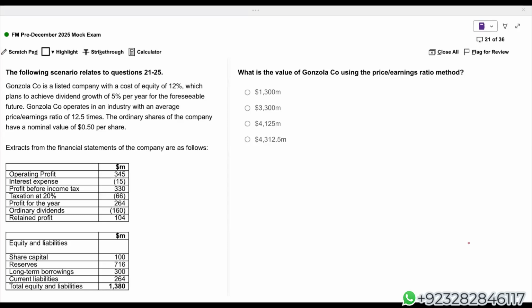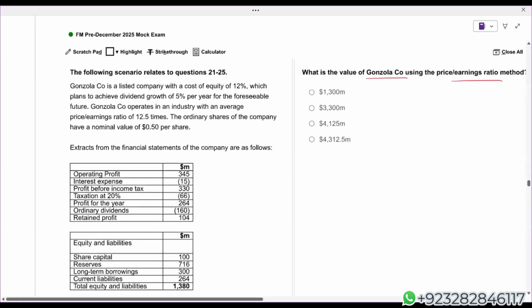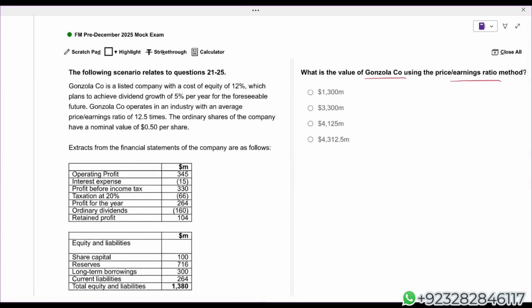Let's see. What is the value of Gonzola company using P/E ratio method? We need to calculate the value of the business by using the P/E ratio. Gonzola company, a listed company with a cost of equity of 12%, plans to achieve a dividend growth rate of 5% per year for the foreseeable future.